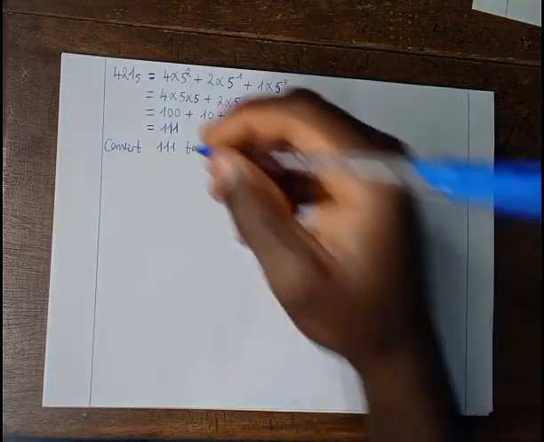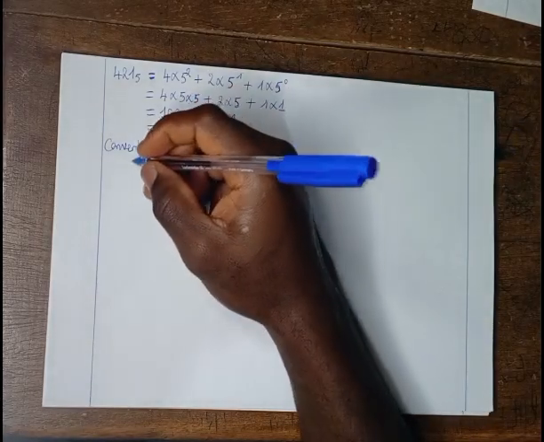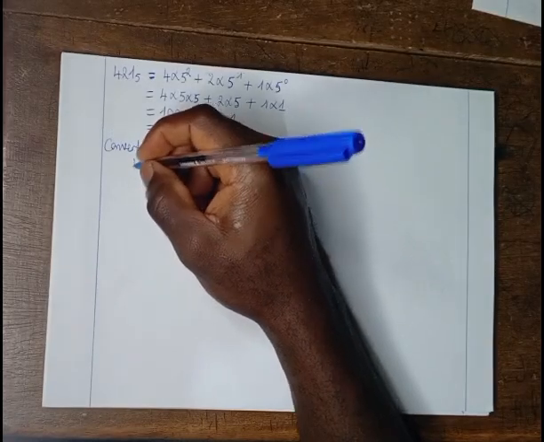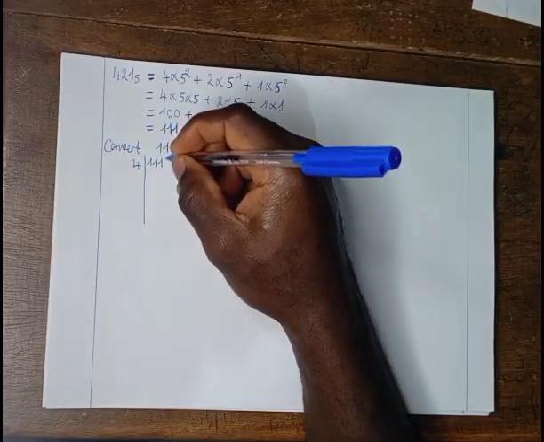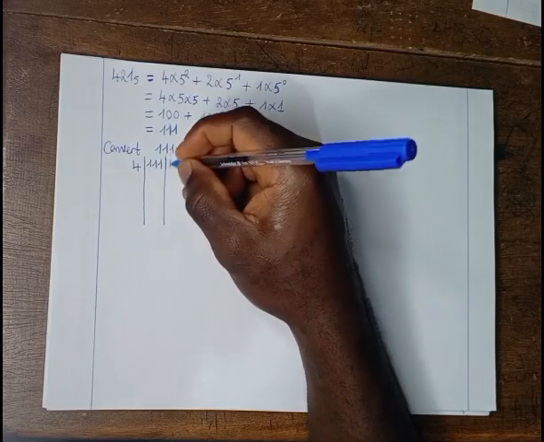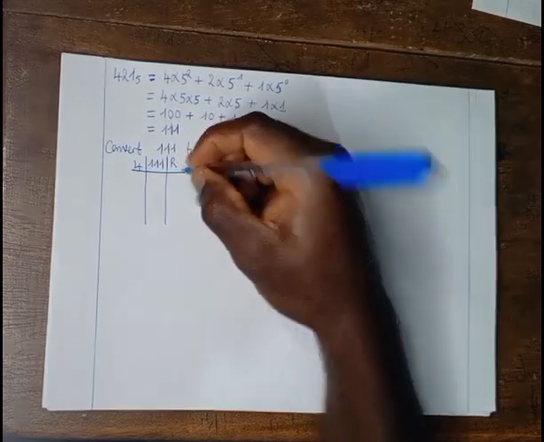We are going to make use of repeated division. The first column we have 4. The second we have the number 111. And the third we have the remainder.